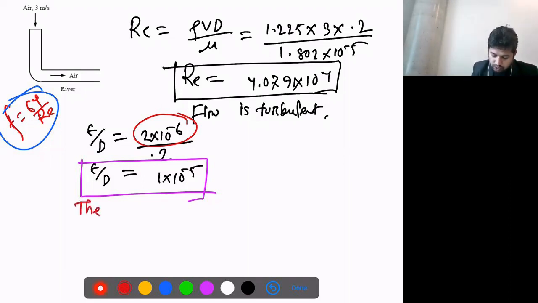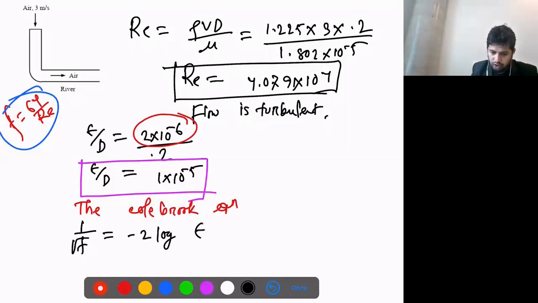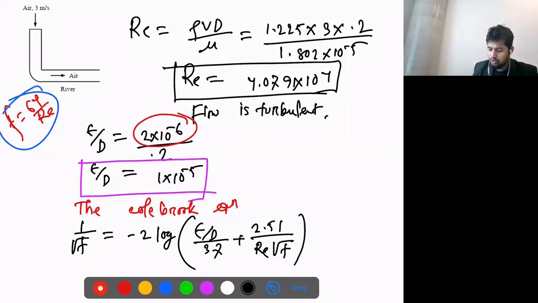The Colebrook equation is 1 over square root of F equals negative 2 log of epsilon over D over 3.7 plus 2.51 over Reynolds number times square root of F. So now you just substitute all the values.